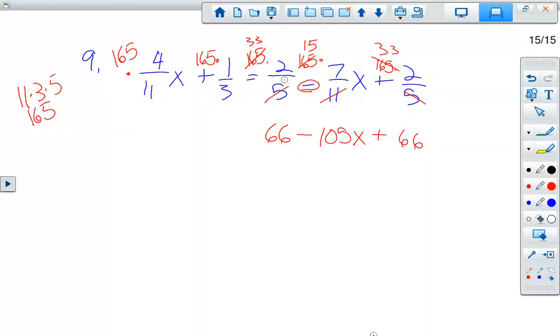So you combine them. Over here, the 11 would divide into the 165, it would go 15 times. 15 times 4 would be 60, and it does have the x with it. Okay, it's okay to do 165 times 4, but then be sure to divide by 11 and get that result at some point. And then 3 into 165, that's going to be kind of big.